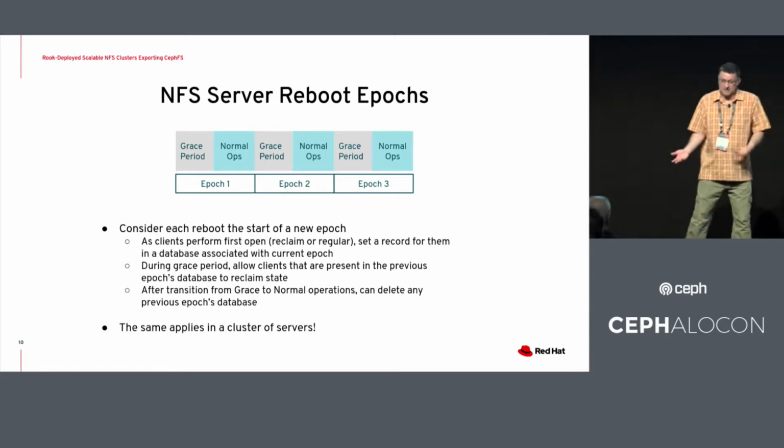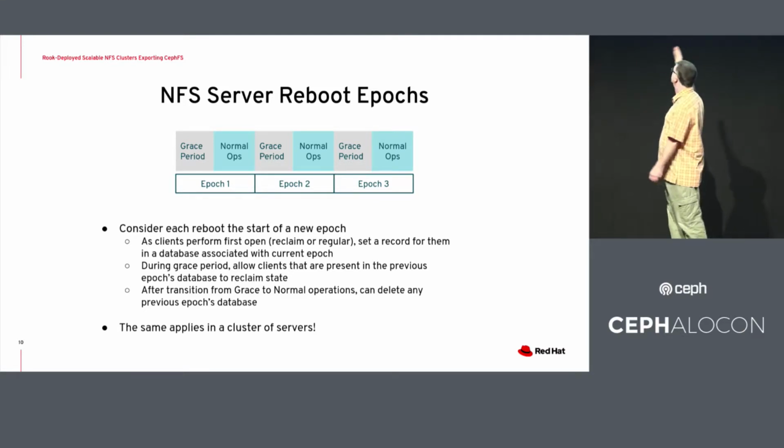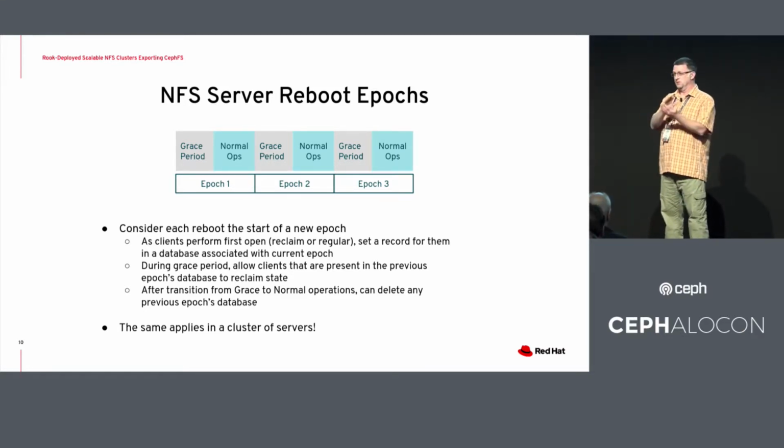Another way to think about this is that we actually have multiple epochs. You can think of the life of an NFS server as a series of reboot epochs. We start out, it comes up, it's in grace period. We transition into normal operation, and then when it crashes again, it comes back up with a new epoch.